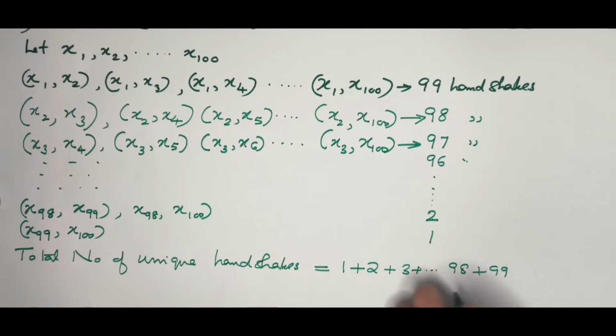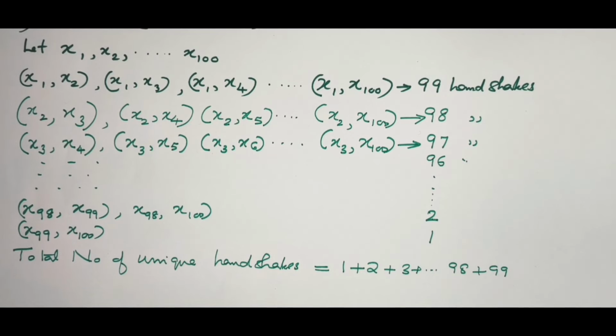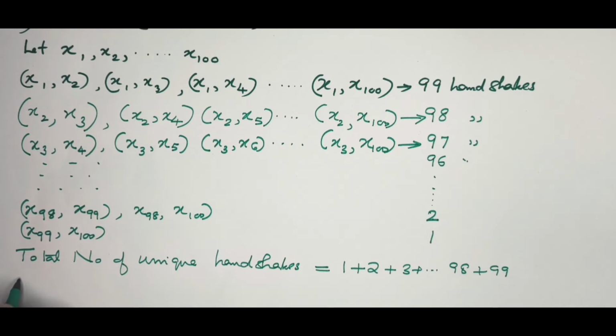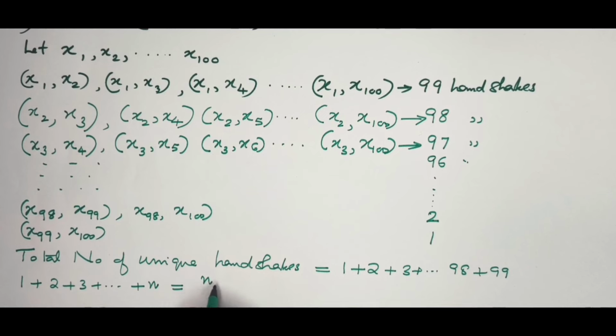And this is nothing but the sum of the first n natural numbers. There is a ready-made formula to find out the sum of the first n natural numbers, which is given by this: 1 plus 2 plus 3 up to n is given by n multiplied by n plus 1 divided by 2.